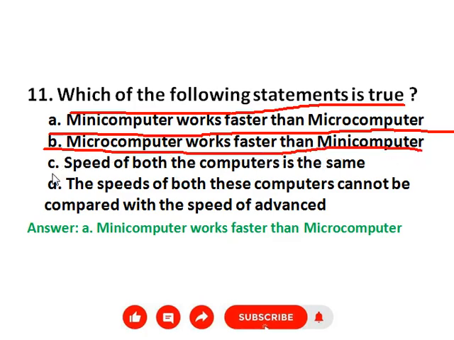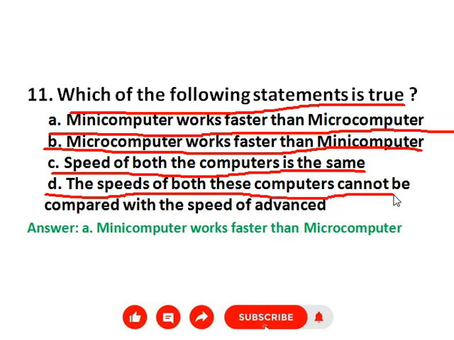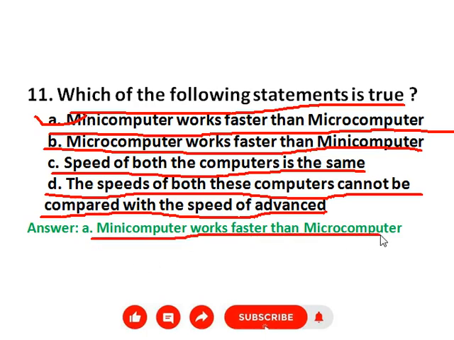Option C, speed of both of the computers is the same. Option D, the speed of both these computers cannot be compared with the speed of advanced. So here the correct answer is option A. Option A, mini computer works faster than microcomputer.